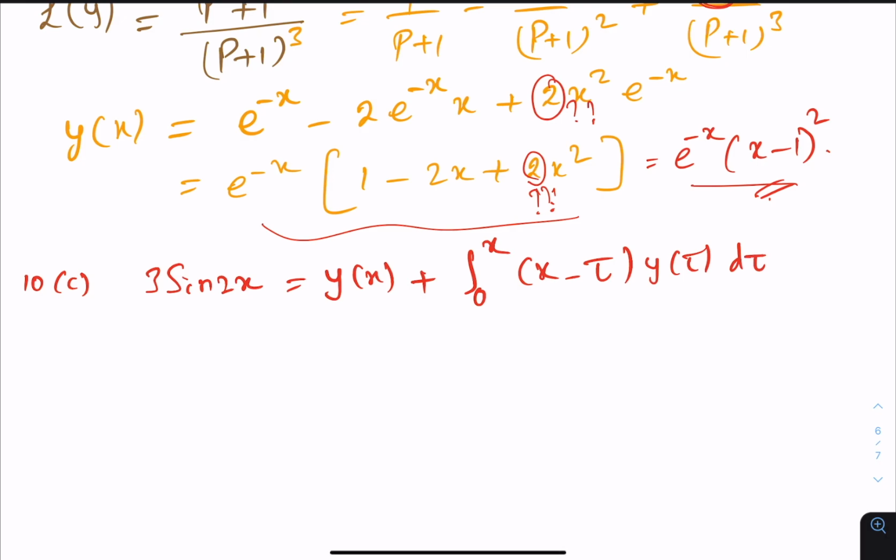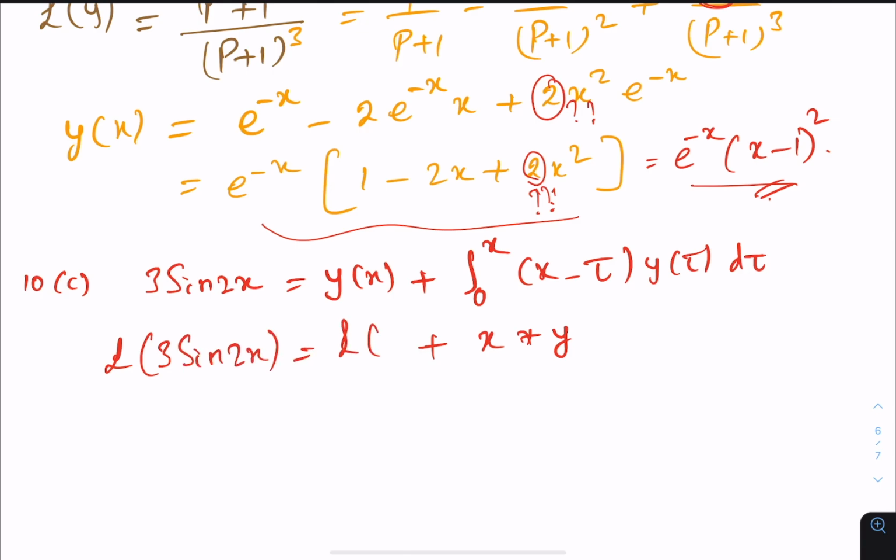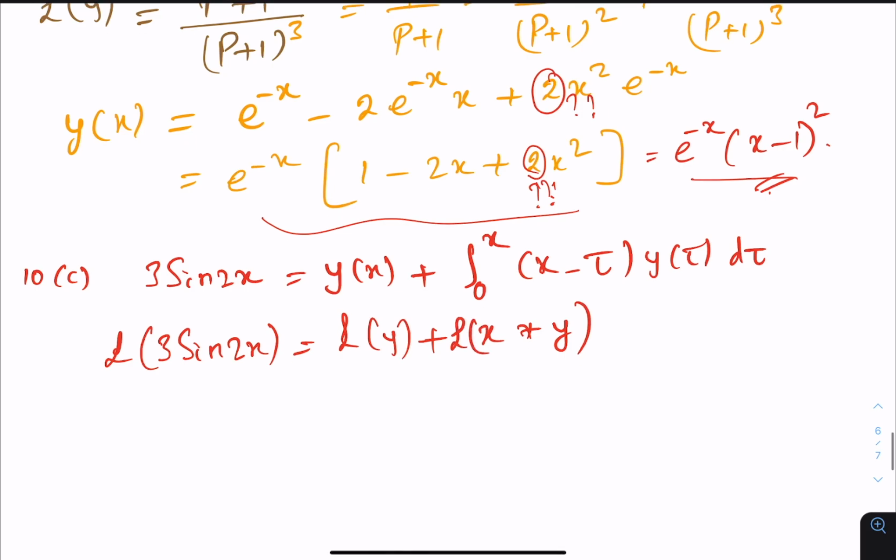Okay, now you can see here again, everything else is fine. This term here is nothing but the convolution of the function x convolved with y. So if we apply Laplace transform, it's 3 Laplace transform of sine 2x, equals Laplace of y plus Laplace of x times Laplace of y.